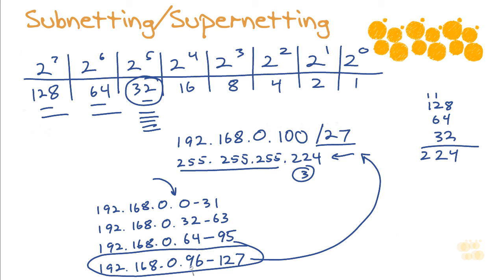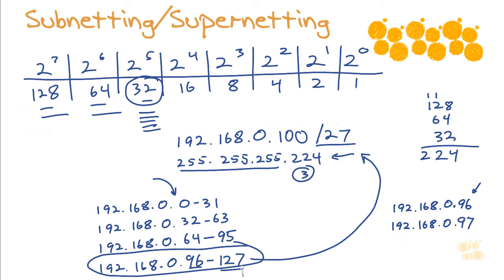Now, we can't use the first number. It's reserved. This is called the network identifier. So the network identifier is 192.168.0.96. That's the network we live on. The first usable host address on that is just one more at 97.